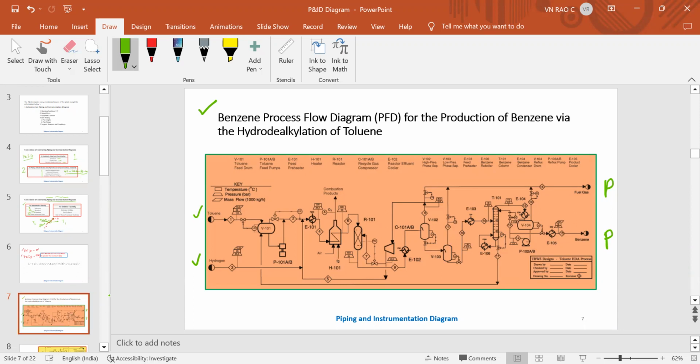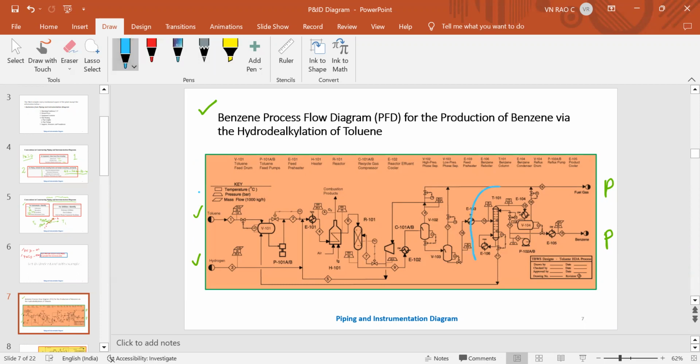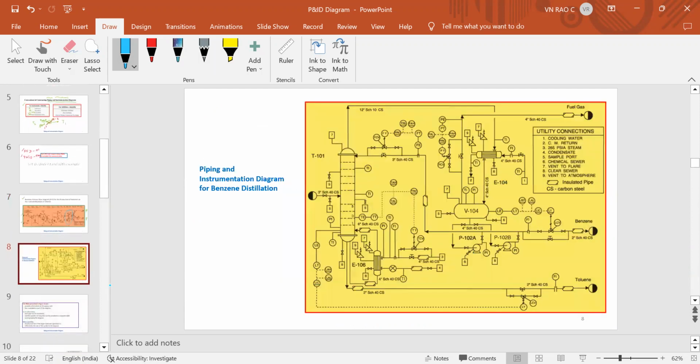This is one P&ID. In this P&ID, what we are looking at is this particular column, the distillation tower, which has one P&ID. The tower name is T101, and this is the vapor line, and this is the bottom liquid line.